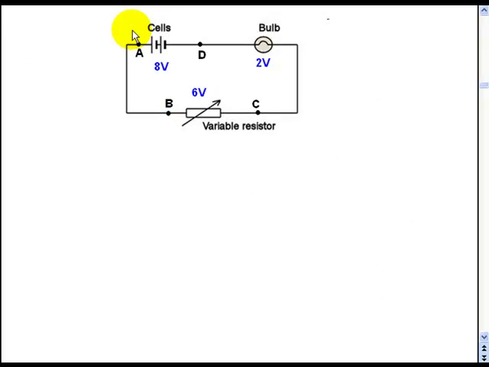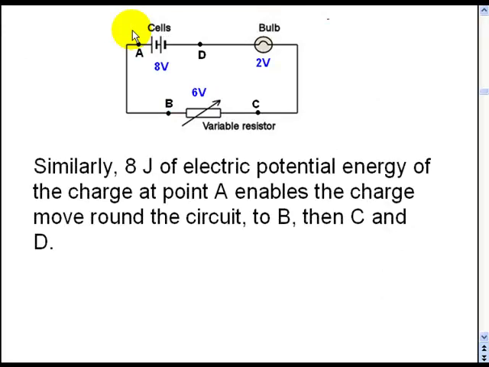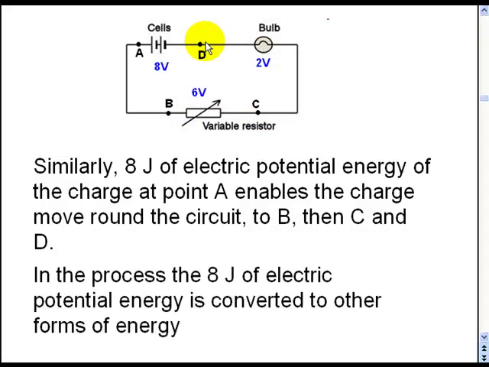Similarly, 8 joules of electric potential energy of the charge at point A enables the charge to move around the circuit to B, then C, and D. In the process, the 8 joules of electric potential energy is converted to other forms of energy.